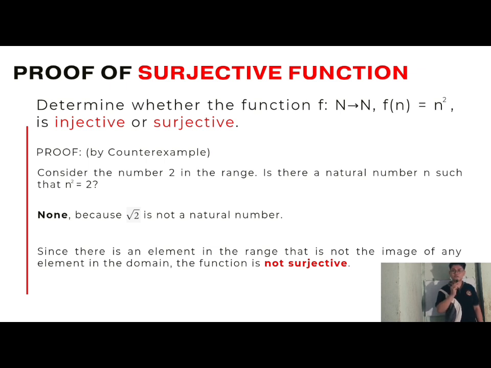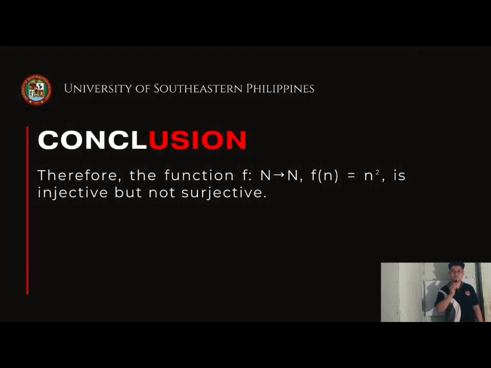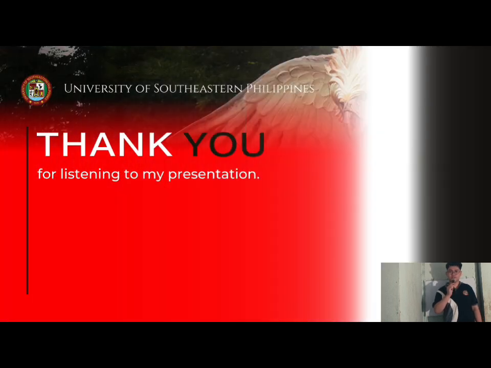But the square root of 2 is not a natural number. Since there is an element in the range that is not an image of any element of the domain, therefore the function is not surjective. In conclusion, the function f from the natural numbers to the natural numbers defined by f of n is equal to n squared is injective but not surjective.